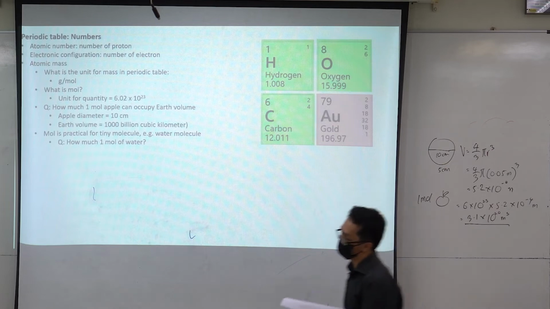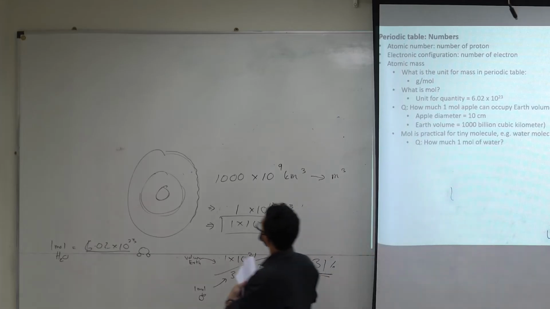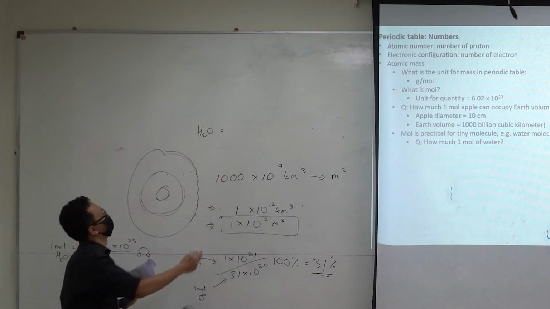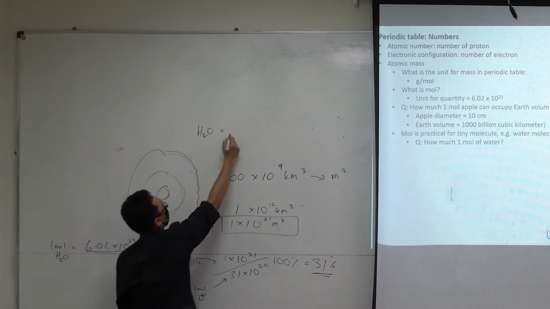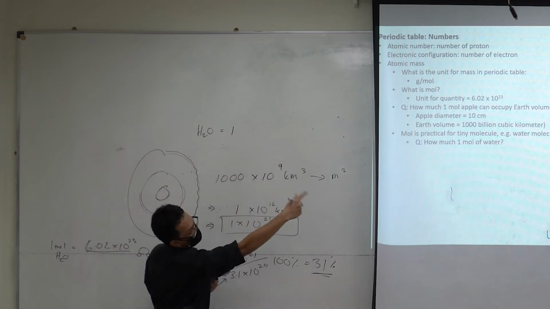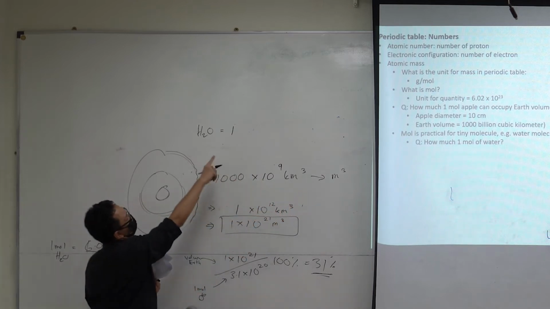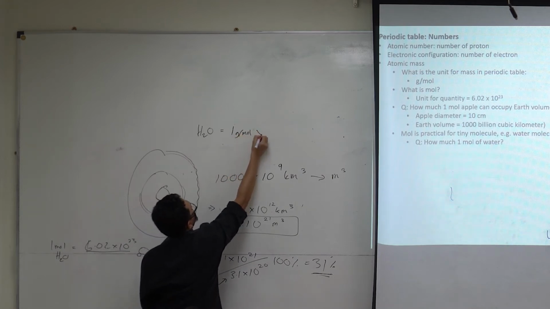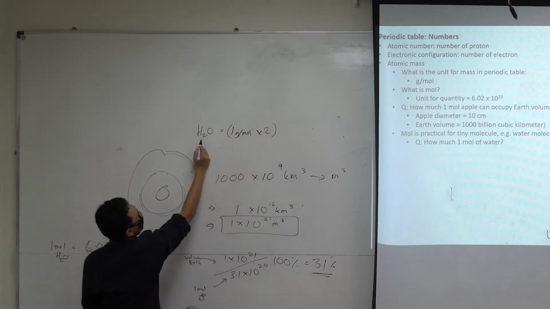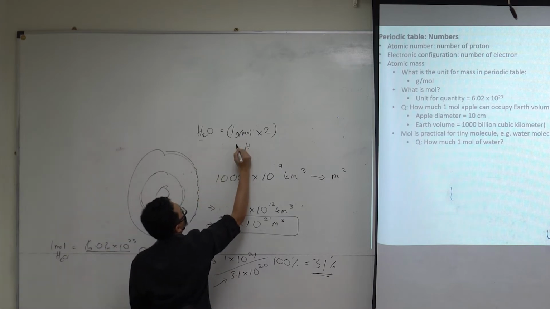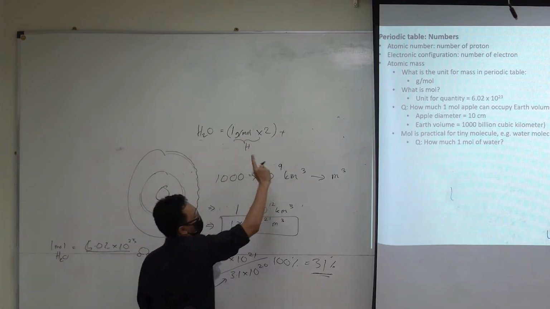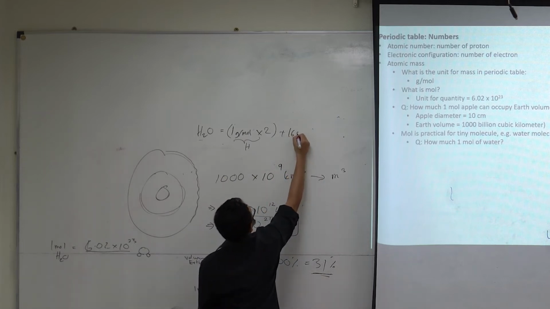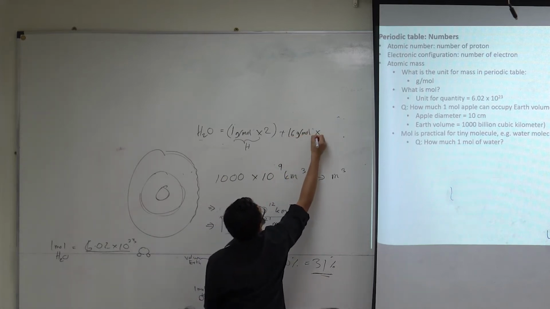So for H2O, 1 mole of H2O in terms of gram per mole: H is, I just round up the molar mass, 1 gram per mole times 2, because there are 2 H here, plus oxygen, there is only 1, but oxygen is 16, so 16 gram per mole times 1.